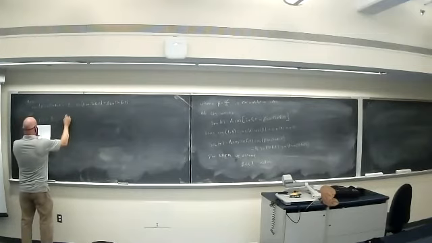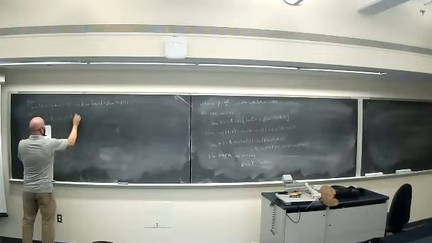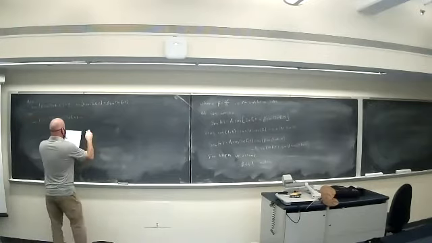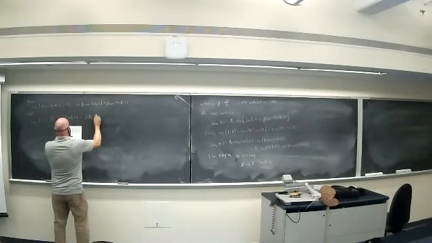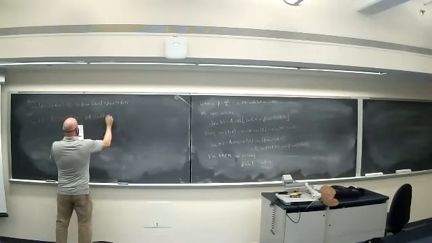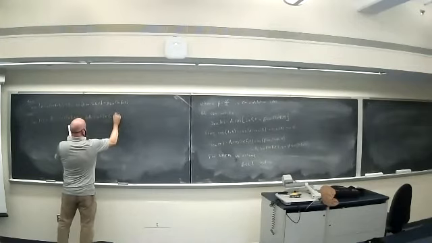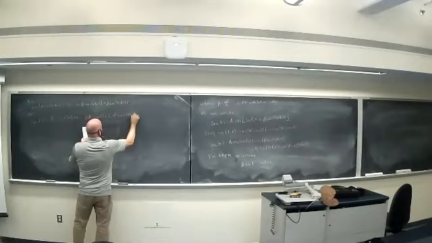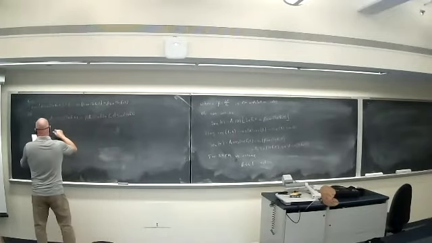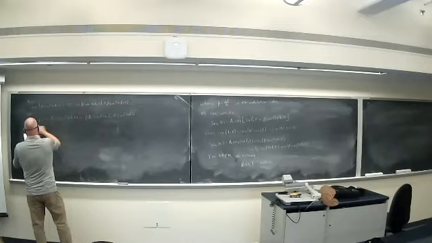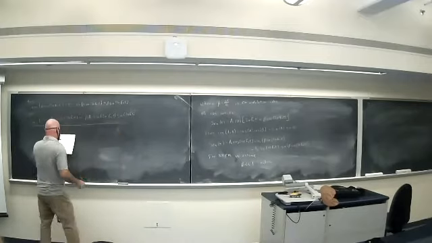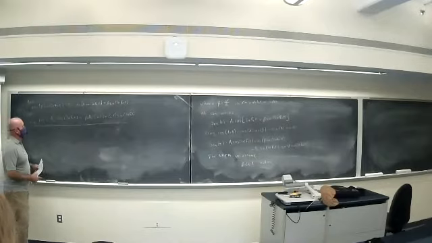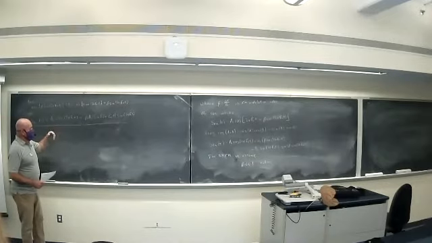It's Ac cosine of 2 pi fc t, which is just an impulse, okay, minus beta Ac sine of 2 pi fm t sine of 2 pi fc t. Okay. So what do we have now? Now, actually, I've got something.